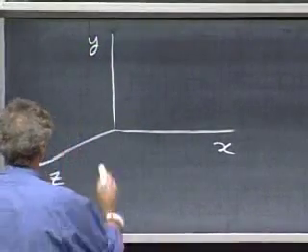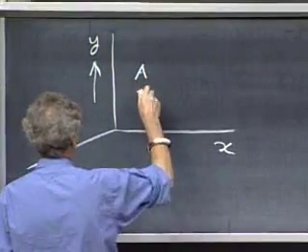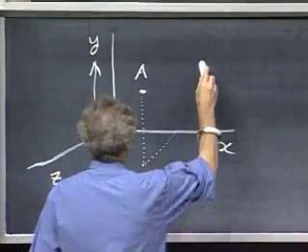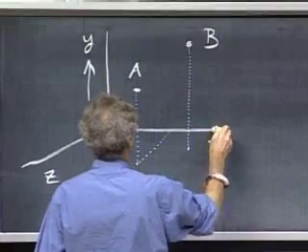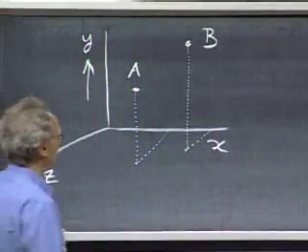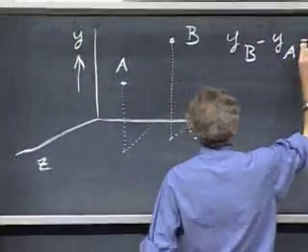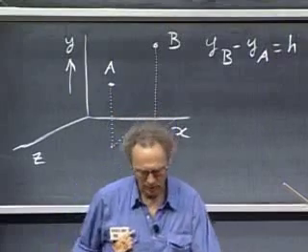Here is the increasing value of y, and there's point A in 3 dimensions, like this, and there is point B. So you get a rough idea about the 3 dimensions. And y of B minus y of A equals h. That's a given. So there's a height difference between A and B.